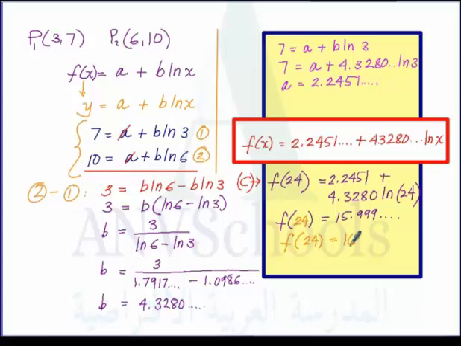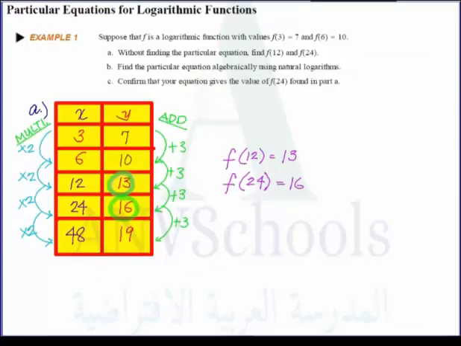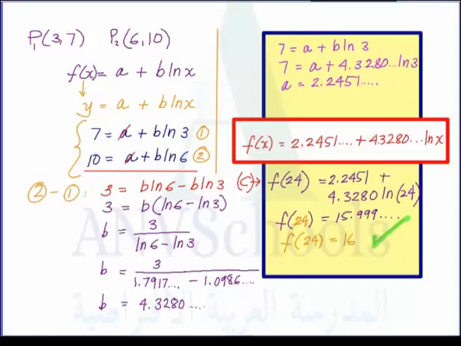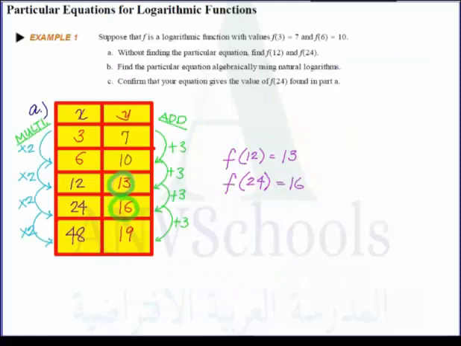Therefore we have confirmed that f of 24 gives 16, as written here using the tabular method. So that's the answer for example number 1.